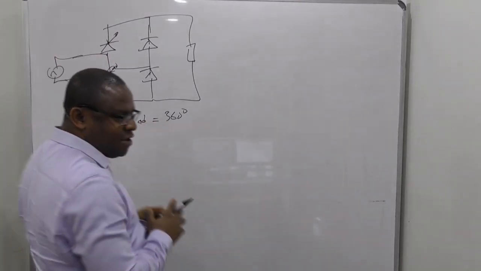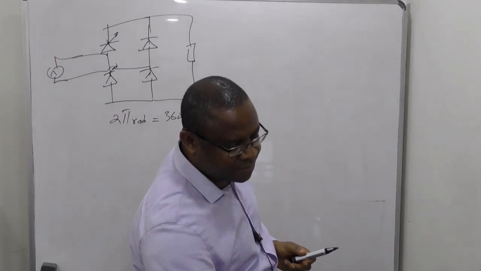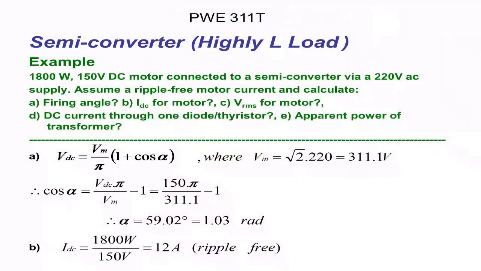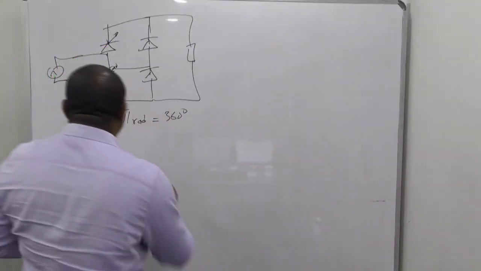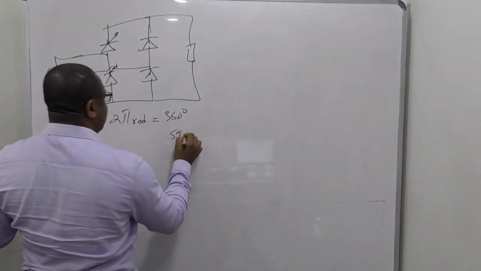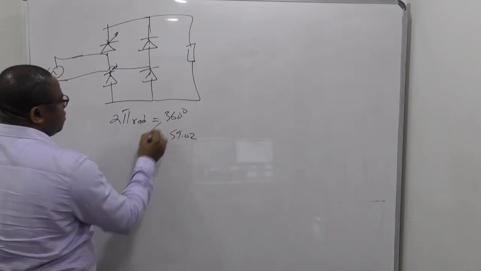So if you are given an angle of 59.02, you just cross multiply.